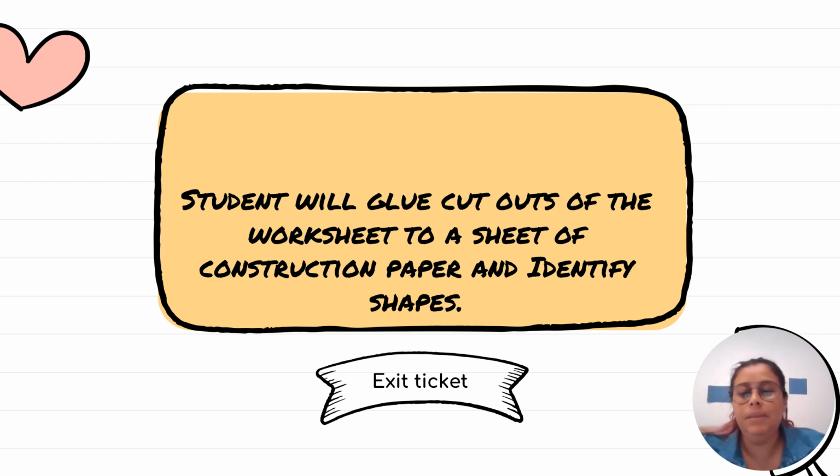So for an assessment or a conclusion to what they have learned, they're going to take their worksheet that was given to them, that they worked on within the group, and actually cut each little square once they have labeled them. They're going to take those squares onto the cardboard paper and glue them up here.